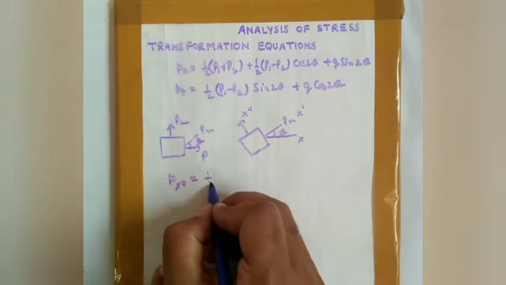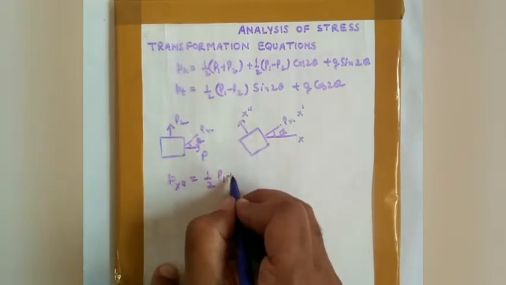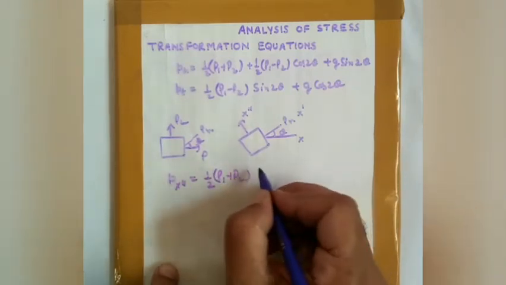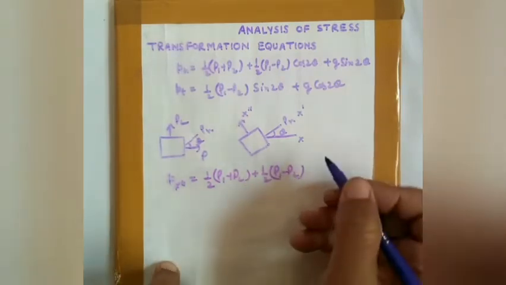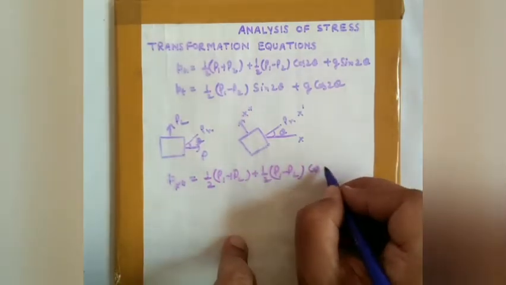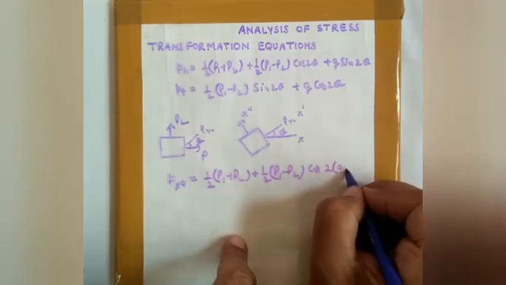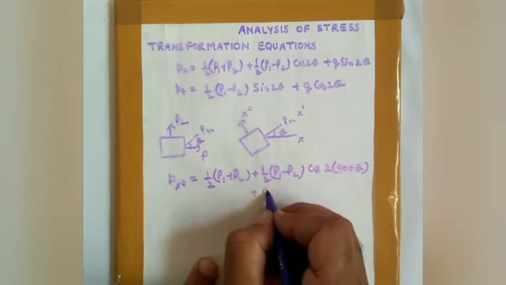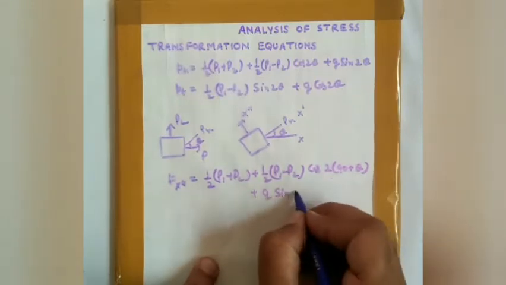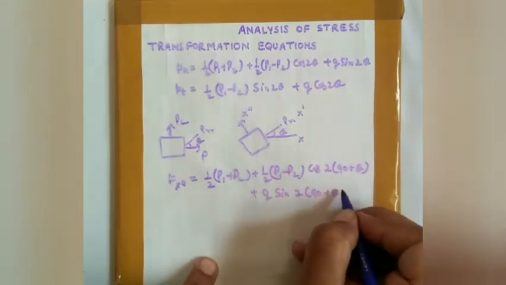We get 1/2 (P1 plus P2) plus 1/2 (P1 minus P2) cos of 2(90 plus theta) plus q sine of 2(90 plus theta).